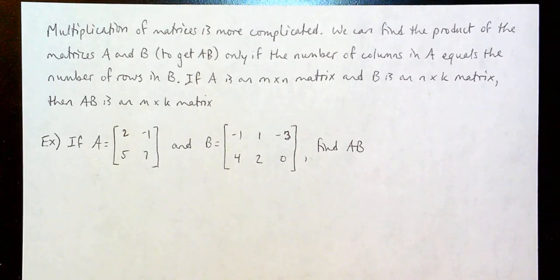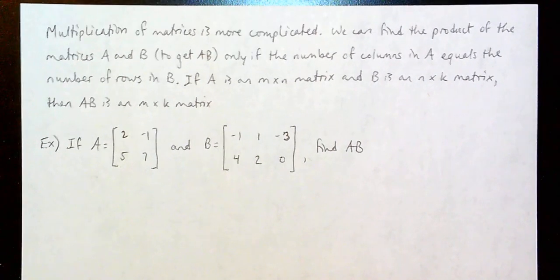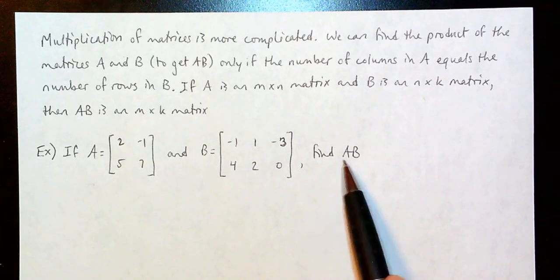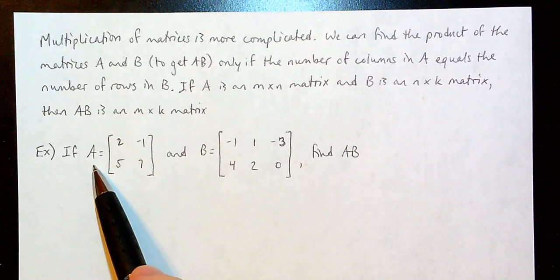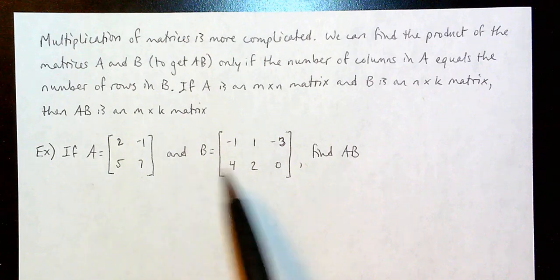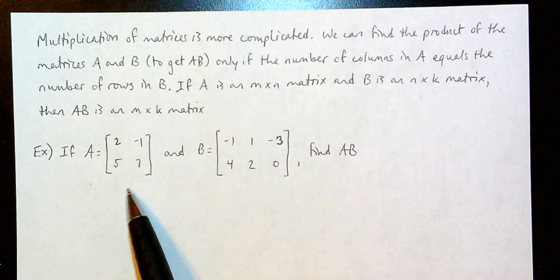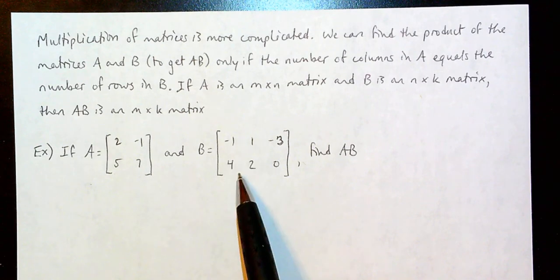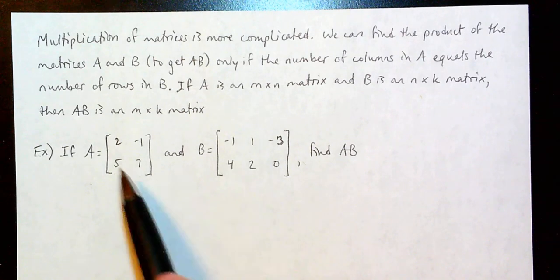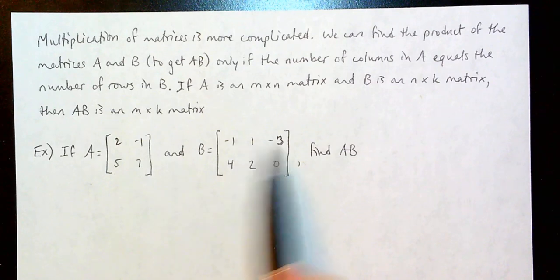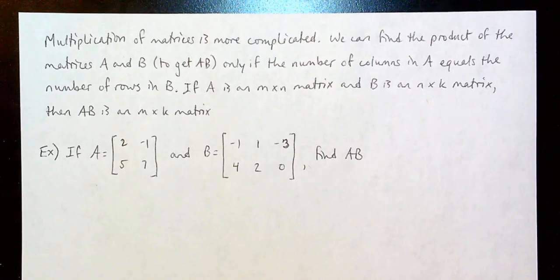Now, first thing, just to check, it's A times B, first matrix listed, second matrix listed. Do the number of columns of A equal the number of rows of B? Yes, it does. 2 columns in A, 2 rows in B, we're good.